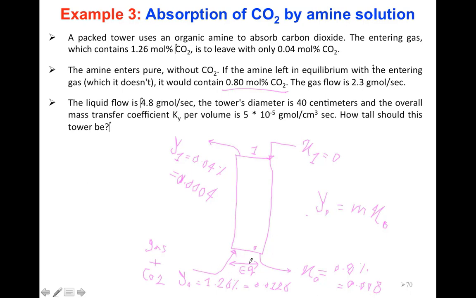So this X is also in equilibrium with Y. So the gas flow rate, this is my gas flow rate here, G, and here I have L, my liquid flow rate. The gas flow rate is 2.3 gram mole per second.